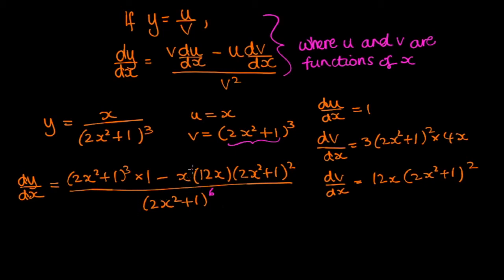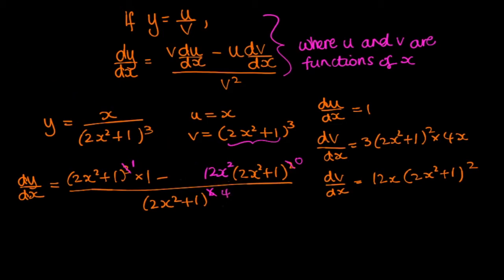And in the numerator, these two terms are going to combine to make 12x squared. And what we can actually do now is divide top and bottom by a factor of (2x squared plus 1) squared. So we can reduce this power by 2, so that's 1. We can reduce this power by 2, so we get 0, and this power by 2 as well.